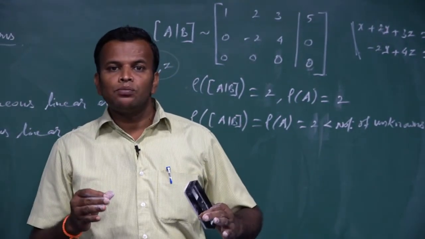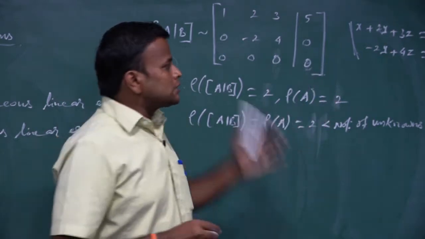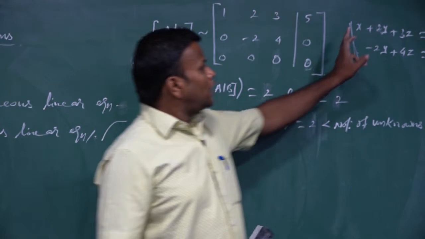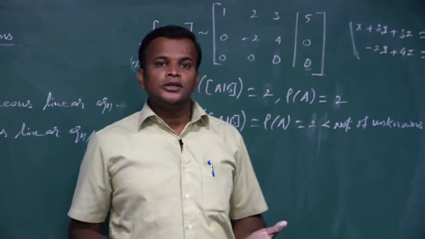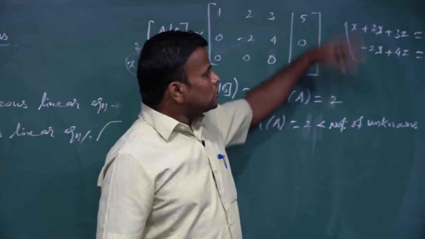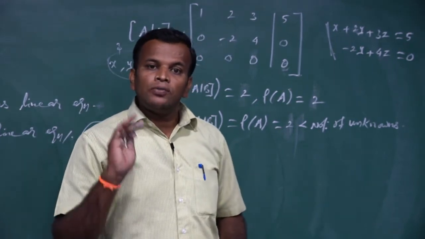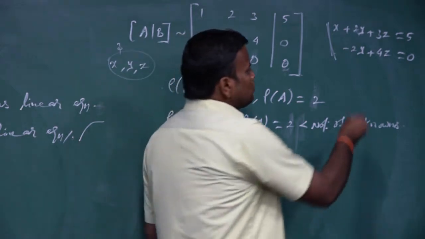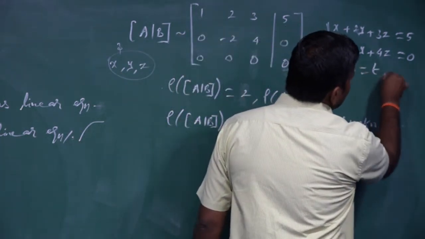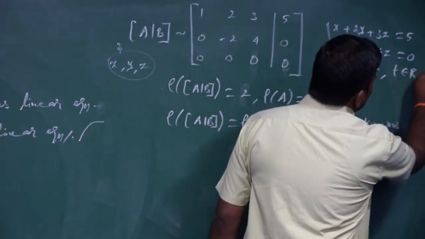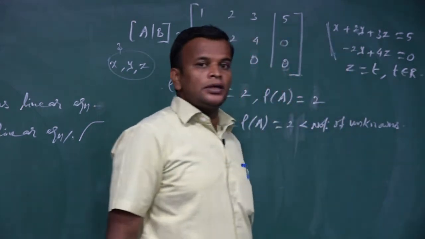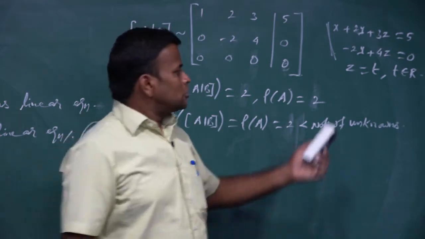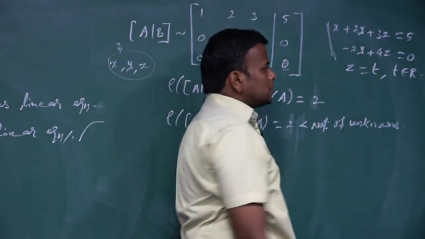It contains many solutions. So we assign one variable as a constant. The variables are the unknowns x, y, z. We assign any one variable, it's your choice. Generally, we take z equal to t, where t belongs to R. So we put any real number and treat this variable as a constant.